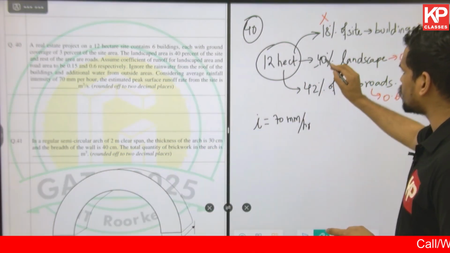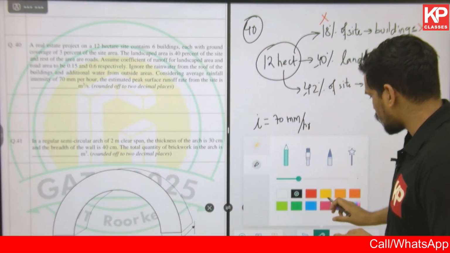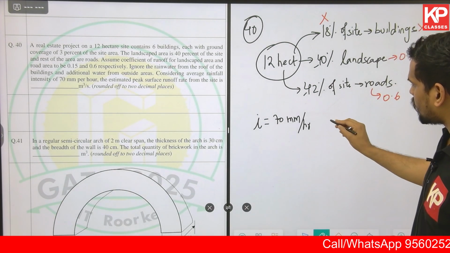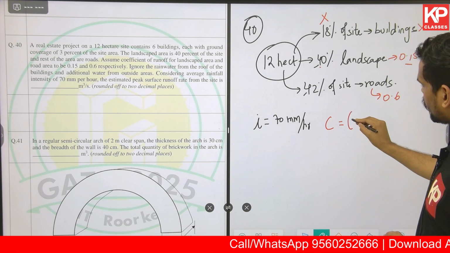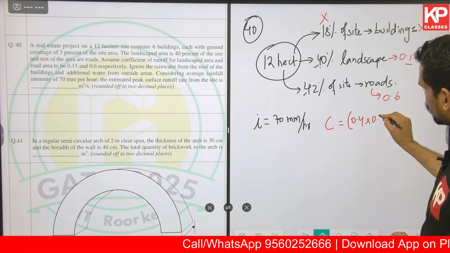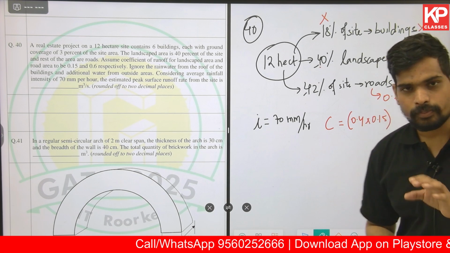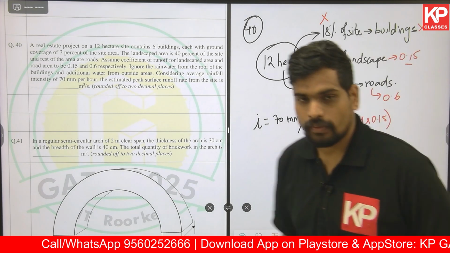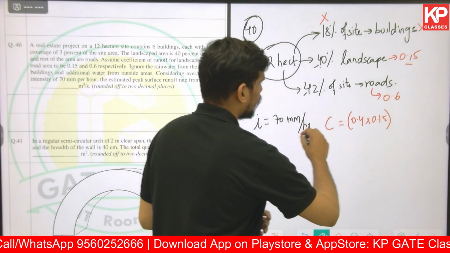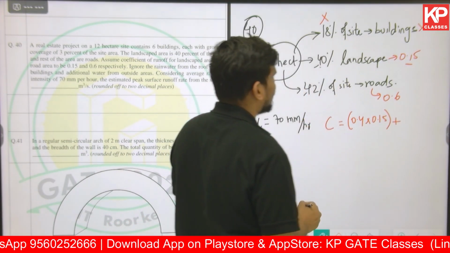So considering these two, the combined runoff coefficient will give 40% weightage to 0.15. So it is 0.4 into 0.15. 0.4 is basically 40%, as 40% of the area is landscape. So 0.4 into 0.15 is the contribution of the landscape.